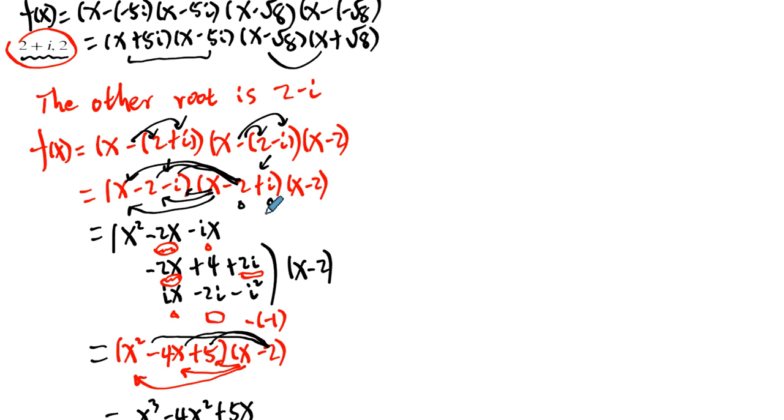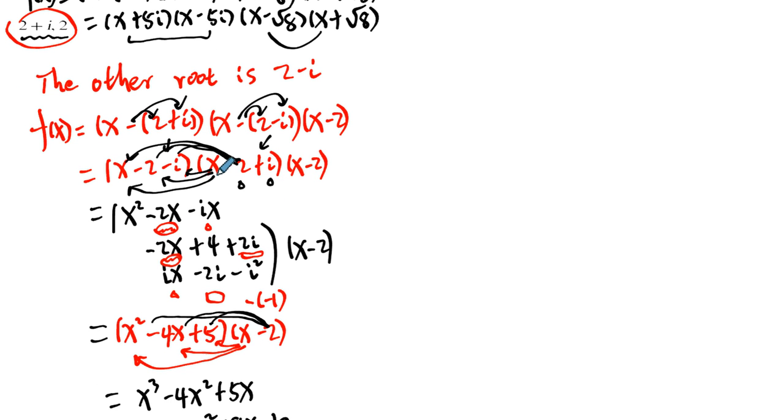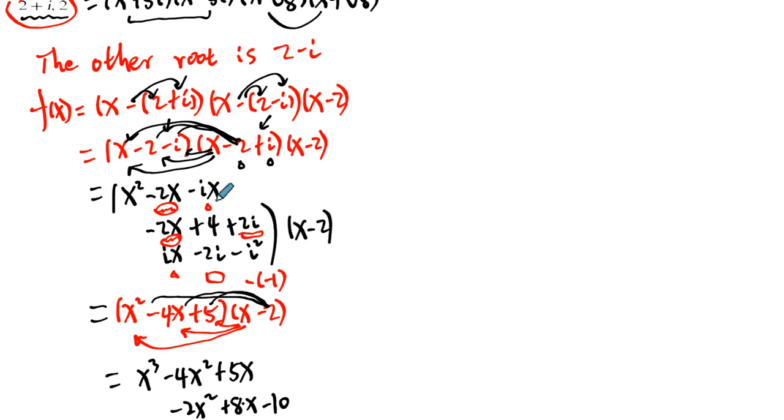Then we do the distributive property: x times every term here, x times x, x squared, x times negative 2, negative 2x, x times negative I, negative ix. Similarly, you can do negative 2 times every term. Negative 2 times x, negative 2x.